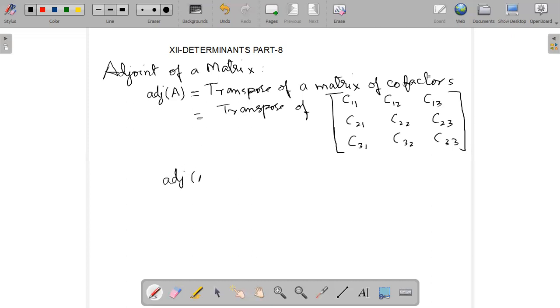Okay, got it? So what will be its transpose? Transpose means the first row will become the first column. When you change rows into columns, it is called its transpose.